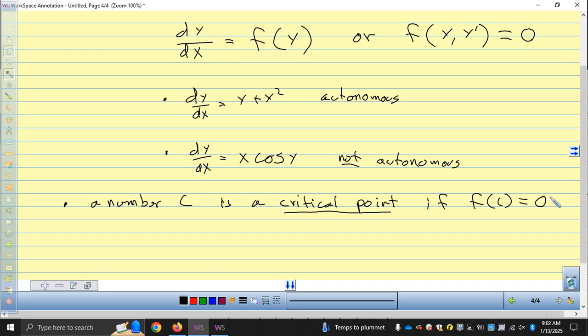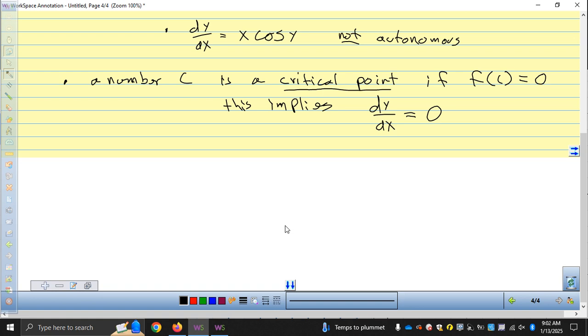And this is because, or this implies, if f of C equals 0, dy dx equals 0 at that point. So that's why we call it a critical point. The derivative is 0. If f of C is 0, then dy dx equals 0. We also call this point an equilibrium point or a stationary point.